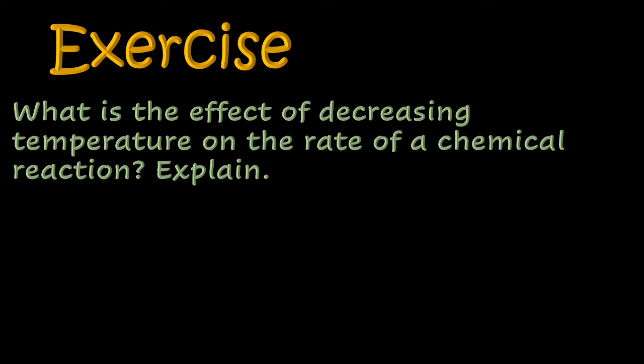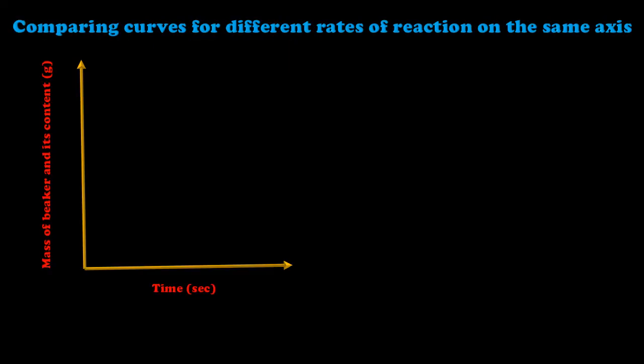Before we close this lesson, I'd like us to have a sneak review of what to expect when we look at the graphical method. In this experiment, what we can look at is the rate at which the mass of the reaction vessel diminishes per unit time.